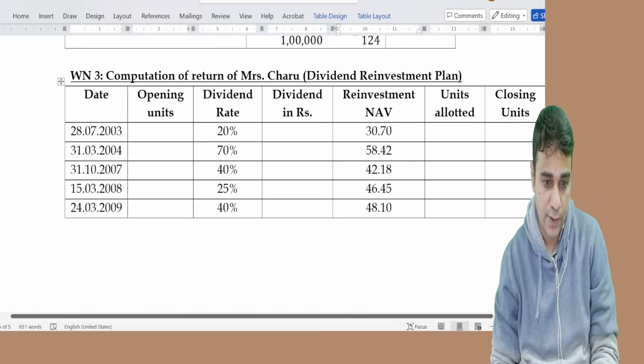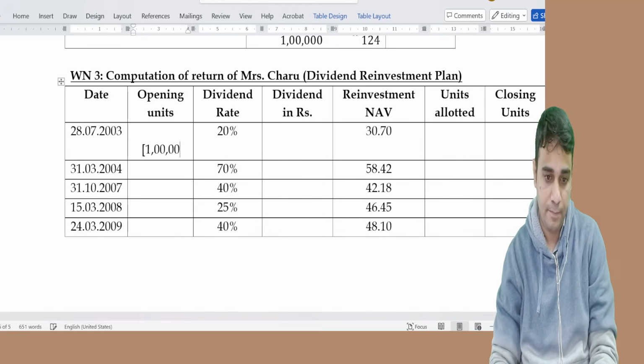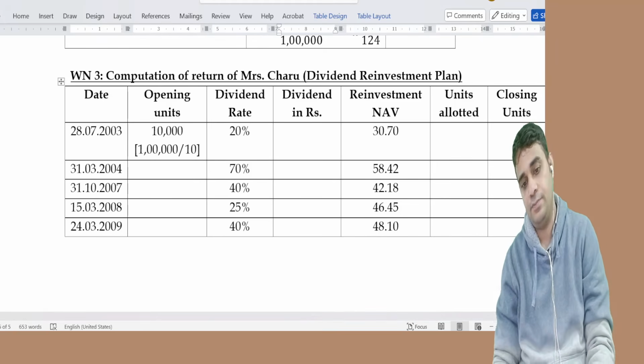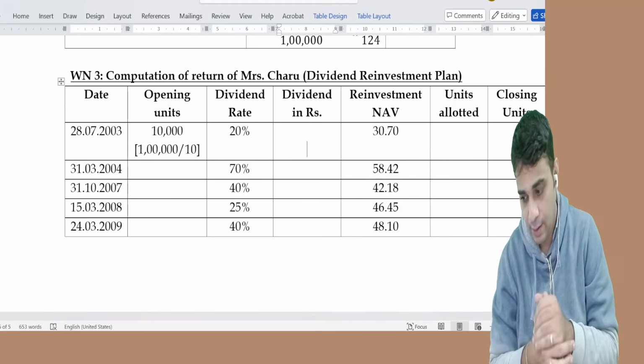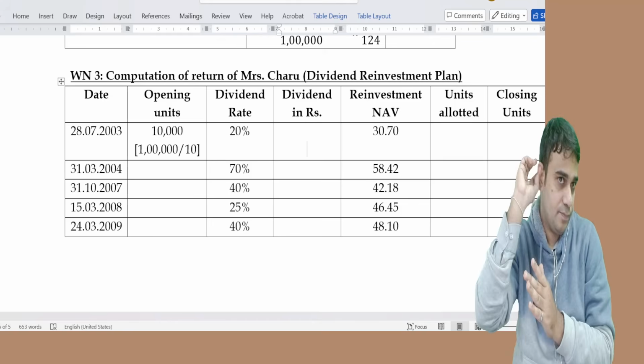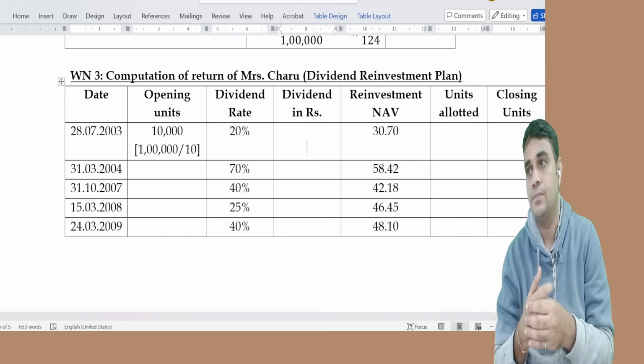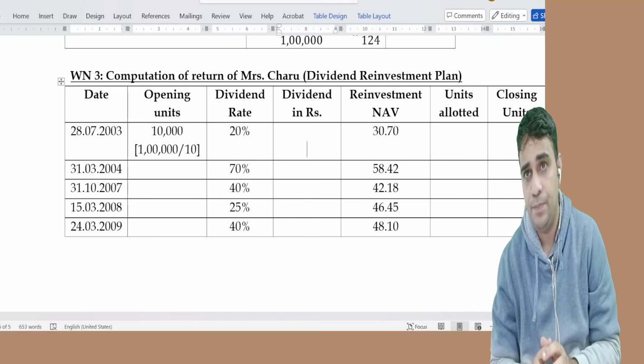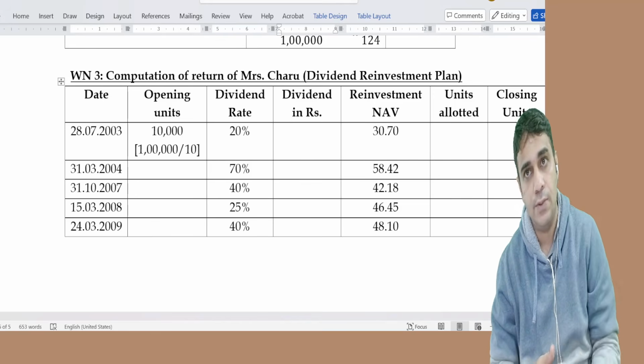Start with opening units: 1 lakh divided by 10, which is 10,000. What is dividend in rupees? It is 10,000 into face value.